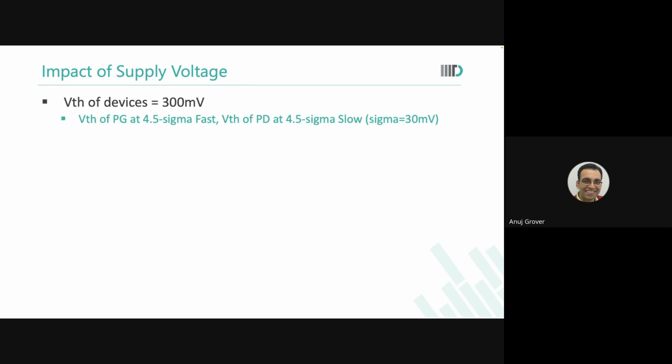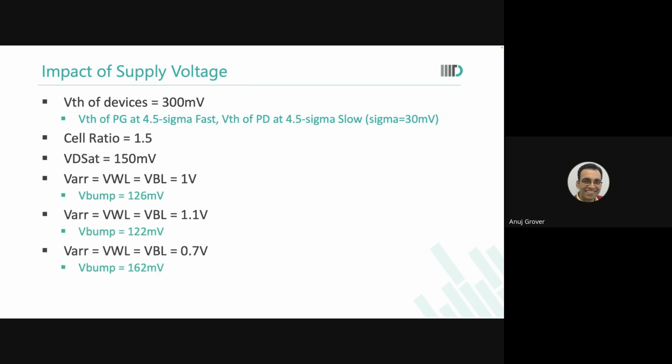So then what happens with the supply voltage? What happens? See over here, when I say supply voltage, I'm assuming that bit line, word line, everything is at the same voltage. And you will notice that with supply voltage degradation, the bump actually goes up.